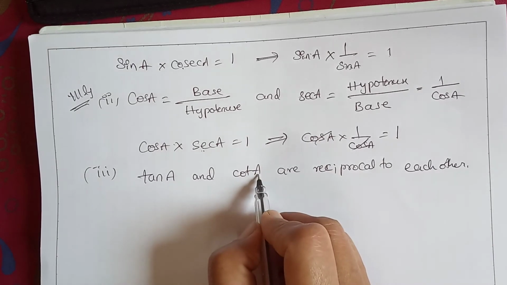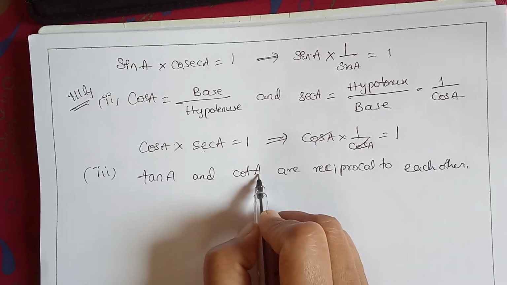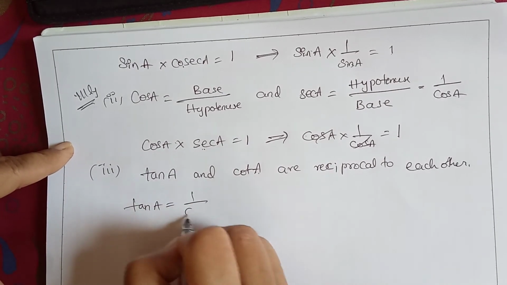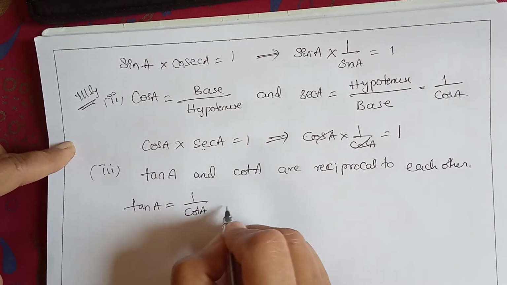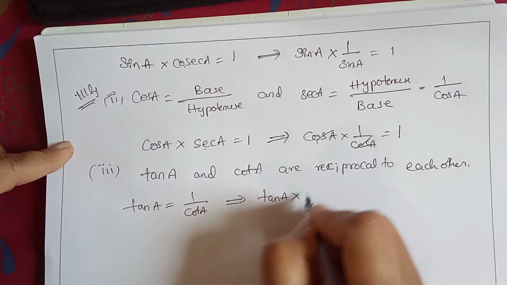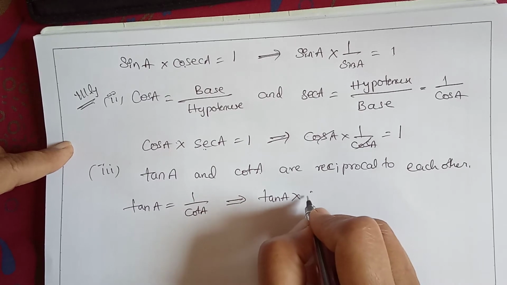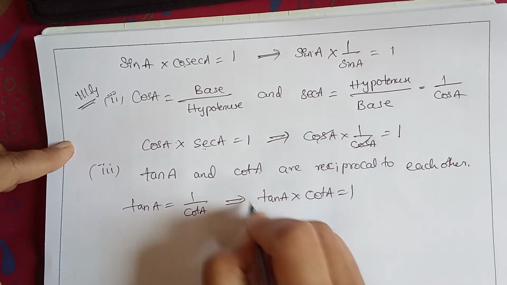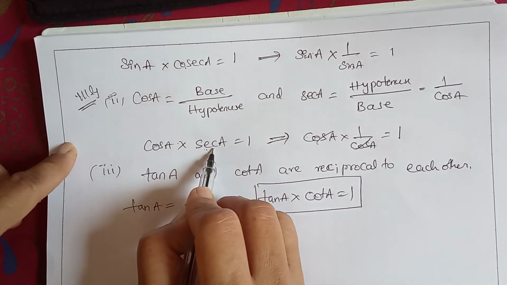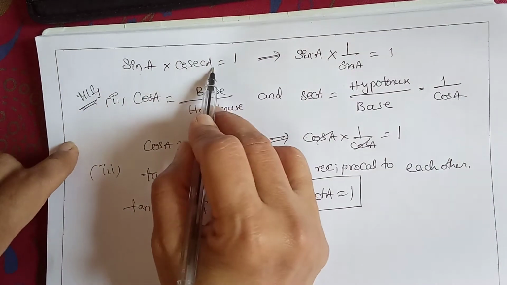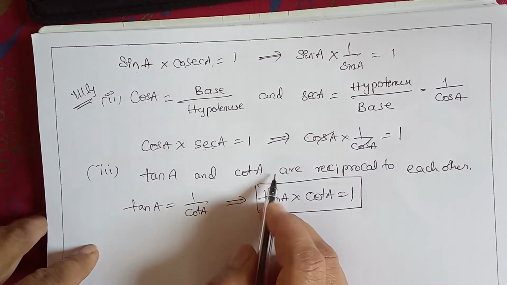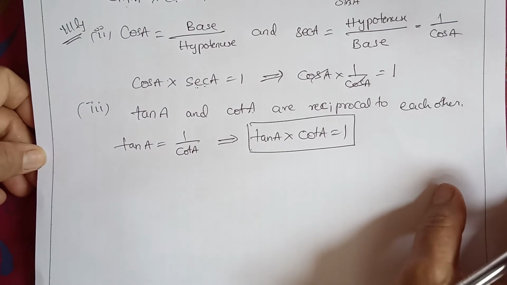Cot definition is base by perpendicular. So tan A we can write as 1 by cot A. Tan A into cot A is equal to 1. So cos and sec are reciprocal to each other, sin and cosec are reciprocal to each other, and tan and cot are also reciprocal to each other.